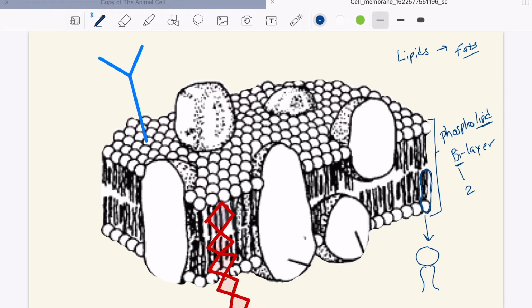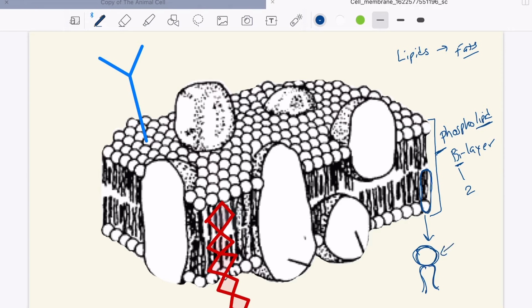I know some of you are like, it's hydrophobic, it's hydrophilic, you're missing this, you're missing that. It's not asked on the test. But it is important for you to know the basics and what it is made up of. So we have this phospholipid bilayer, which is composed of these structures here.